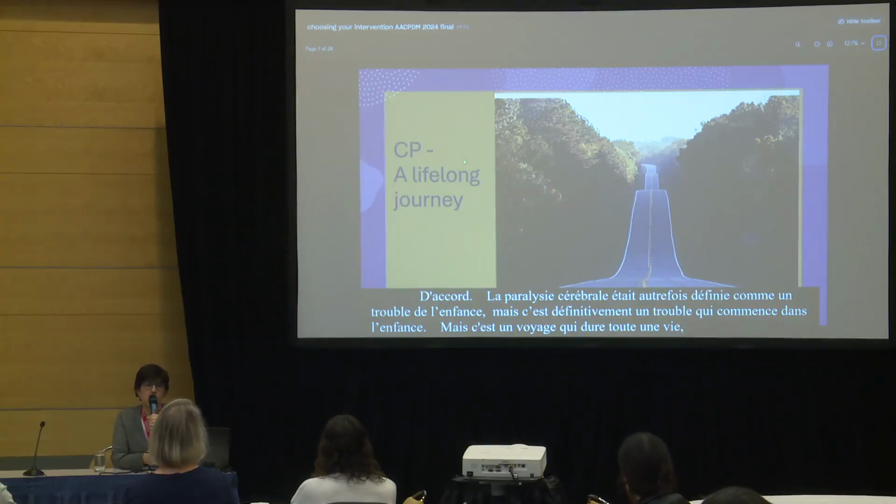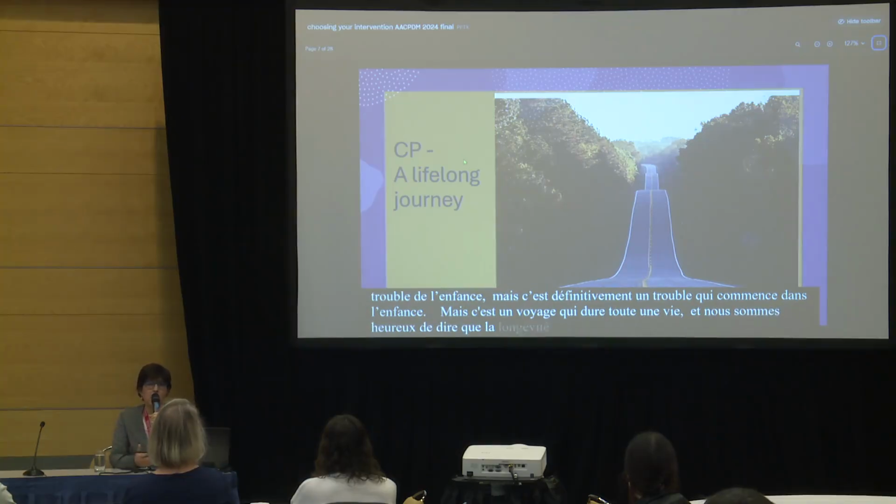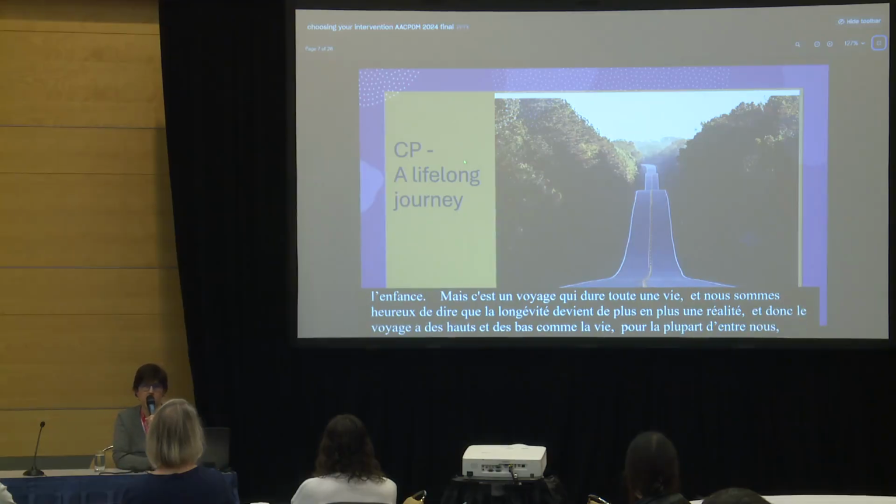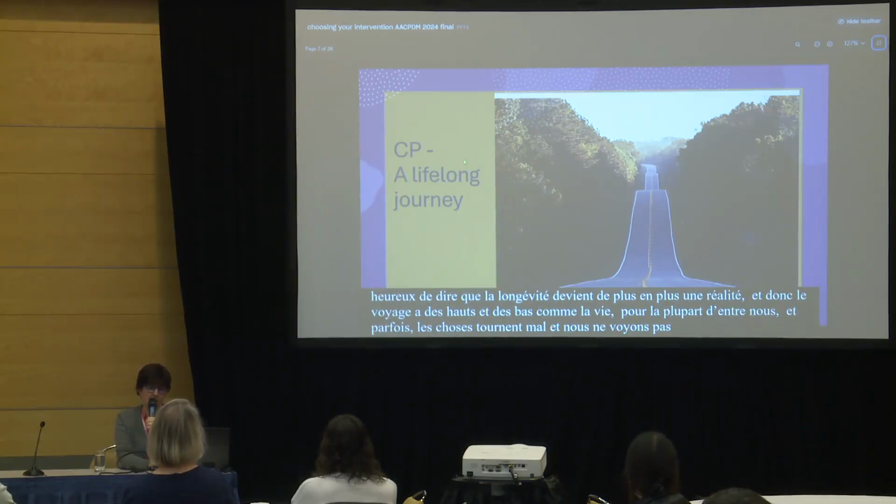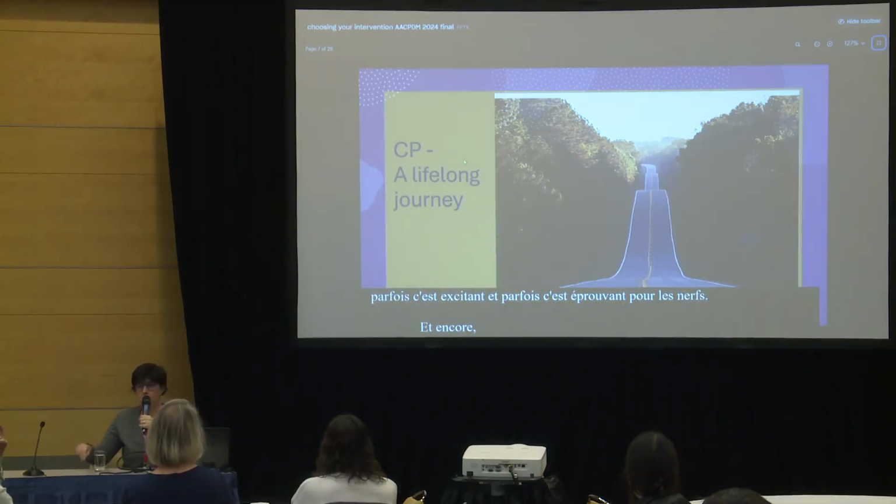And so the journey has ups and downs like life for most of us, and sometimes it has a turn and we don't see around the corner what is coming next. And sometimes it's exciting and sometimes it's nerve-wracking. And again, there isn't a plan of do this on day one and do this after 2 years, but we have ideas what might work and what you could consider.